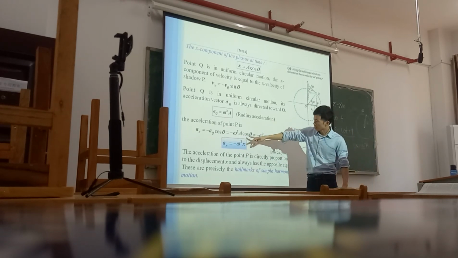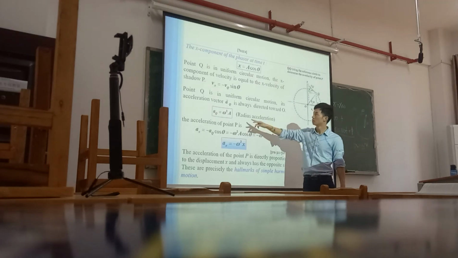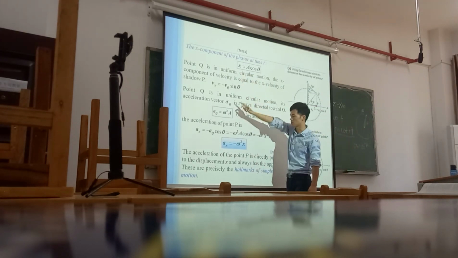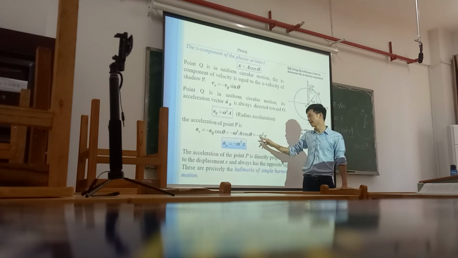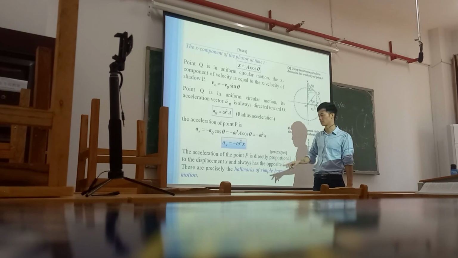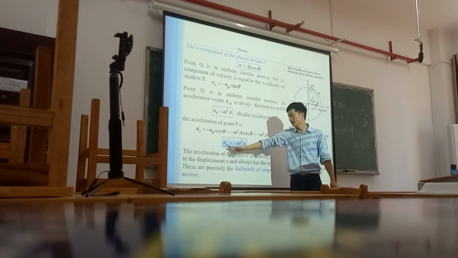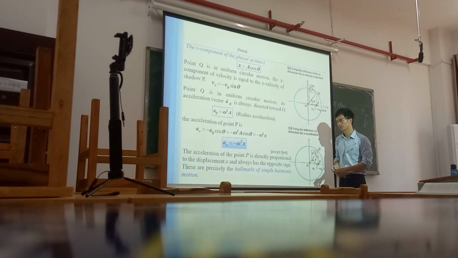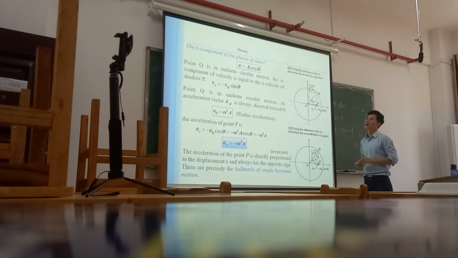Now look at this: A cosine theta is equal to x. So we substitute x for A cosine theta, then a_x is equal to minus omega square x.